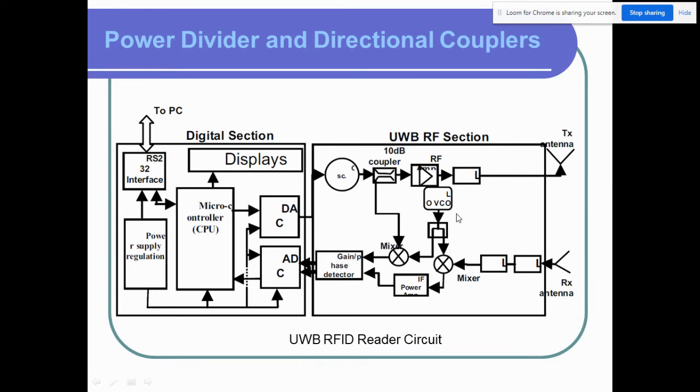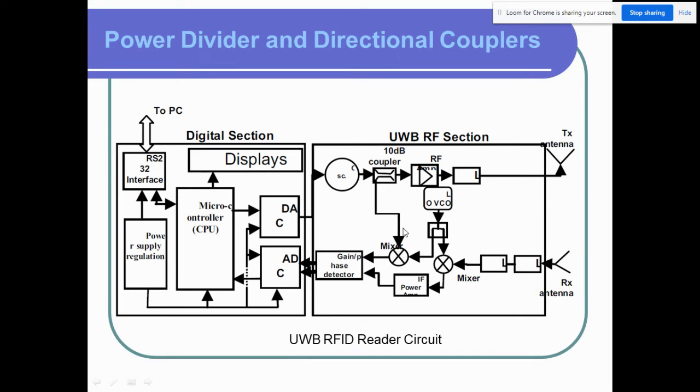Here this device is called the divider. So here we divide into two parts, and then we mix with this coupler, and this same signal we mix with here, and then the receive signal comes here, and then we mix together, and then we compare here for the identification. So now you can see the significance of the directional coupler and the power divider here.